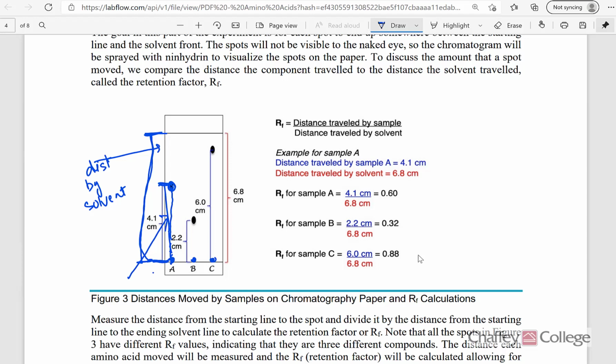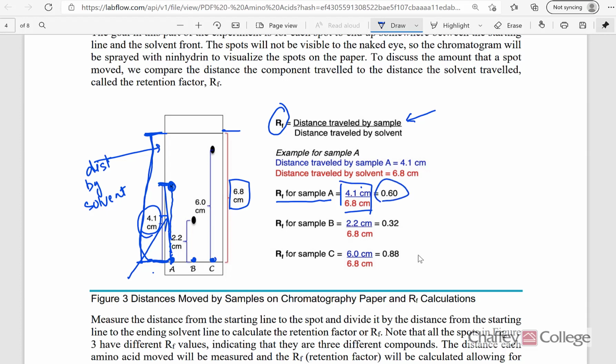So from these two distances, we calculate a parameter called the RF value. The RF value is given by the distance traveled by the sample, which is the spot, divided by the distance traveled by the solvent. For example, A traveled 4.1 centimeters and the solvent distance was 6.8. So the RF value of A is 4.1 divided by 6.8, or 0.6.